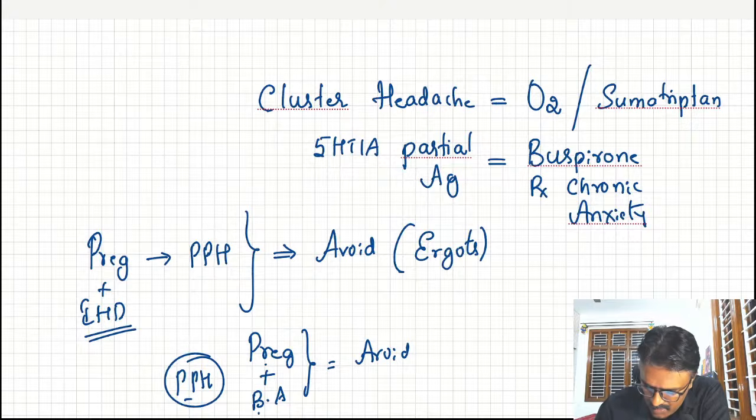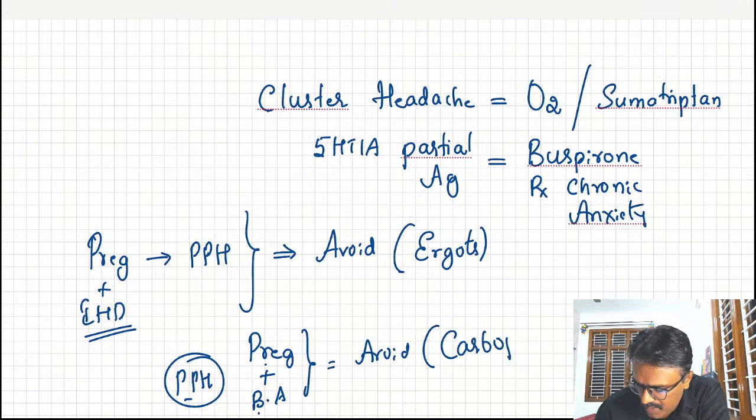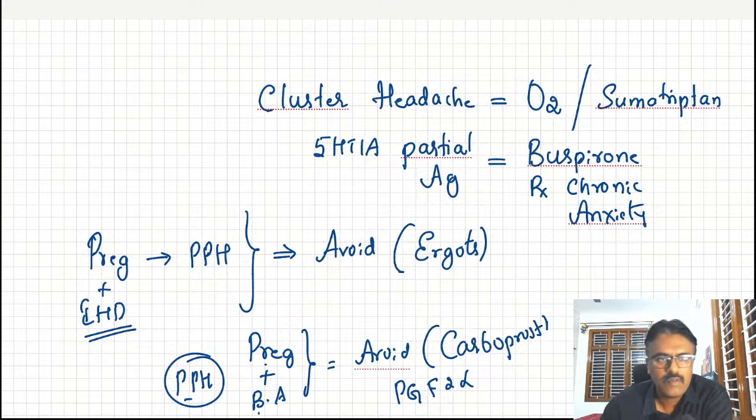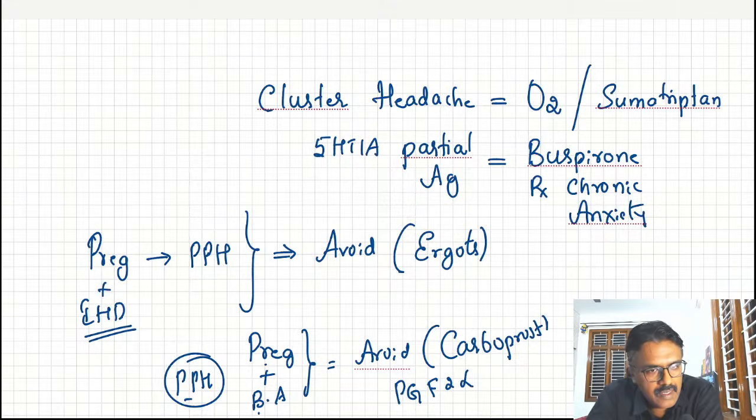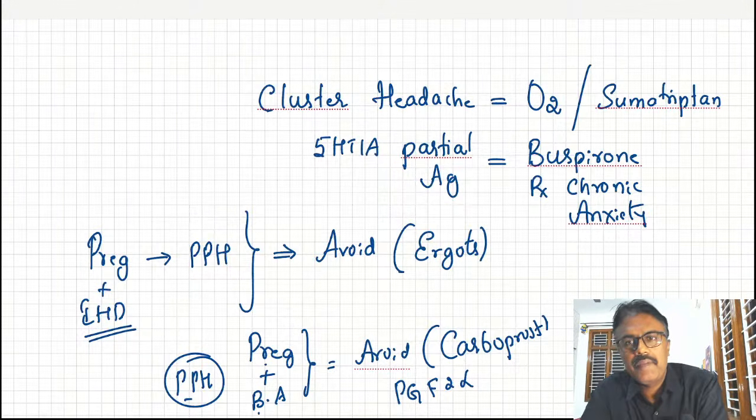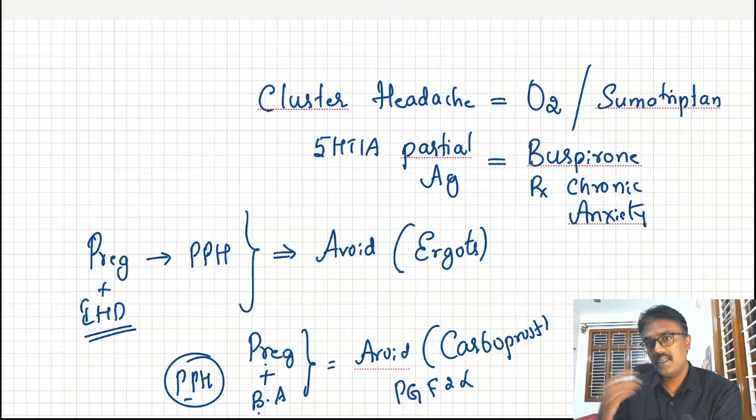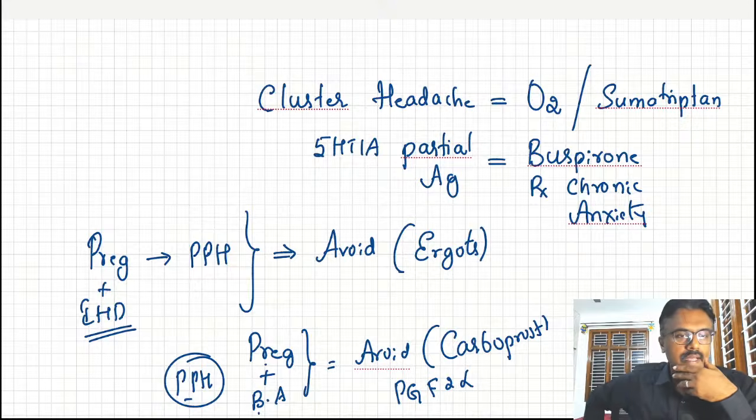PPH, pregnant woman with asthma, I avoid giving carboprost. Carboprost is a PGF2 alpha which can cause bronchoconstriction and worsen the asthma. These are all PYQs. These are not new questions framed by me. They were already asked in NEET PG, FMG somewhere. Inducer inhibitor, I will tell you later. Okay.